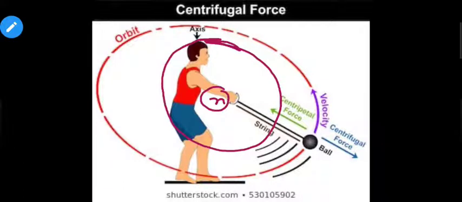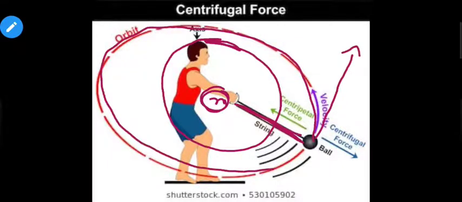Why? Because when accelerated, things try to move in a straight direction. That means the ball is actually trying to move in a straight direction, but because it is tied with this string, that means to the center, it has to move in circular motion like this. That's why it feels acceleration.